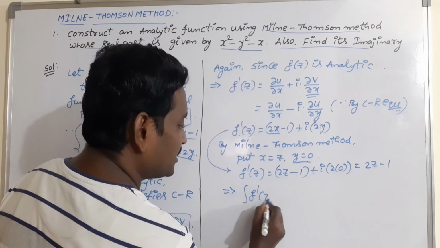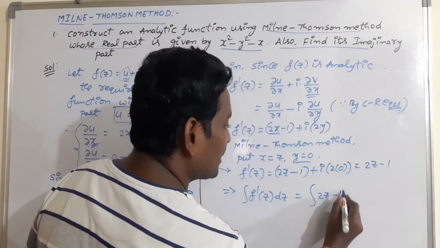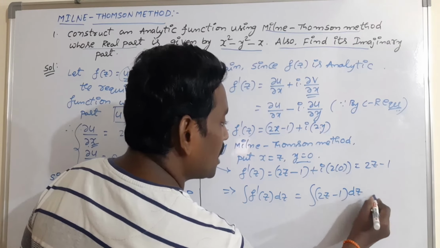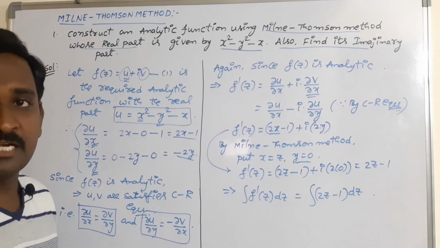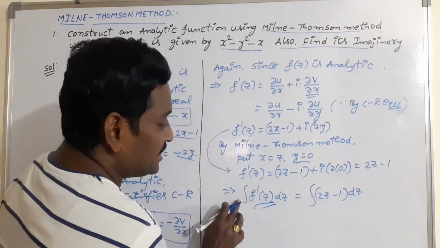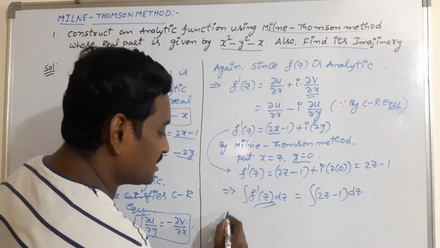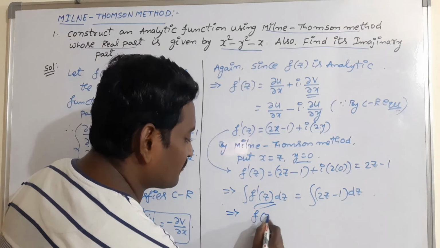Take the integration. So integration of f dash of z dz is equal to integration of 2z minus 1. Since the variable is z here, I am taking the integration with respect to z only. We know that integration and derivative are opposite procedures. That's why integration and derivative get cancelled, result is f of z.